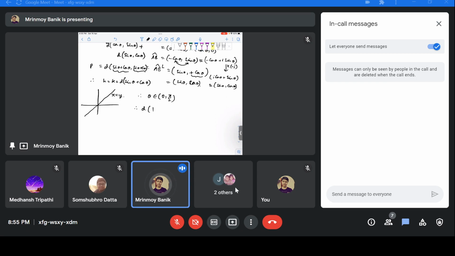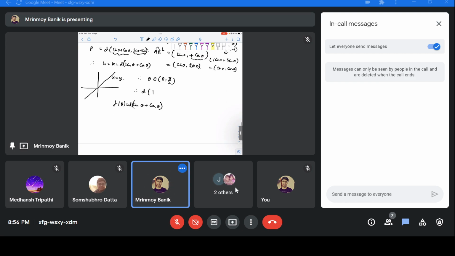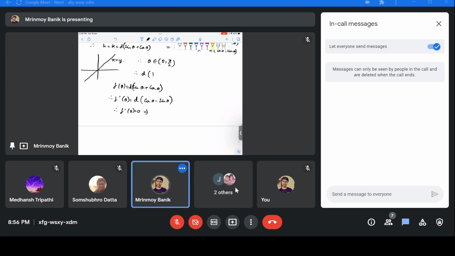So let's differentiate it. Let f(theta) equal d sine theta plus cos theta. So f dash theta is cos theta minus sine theta. If f dash theta is 0 at the extremal point, then cos theta equals sine theta at that point.